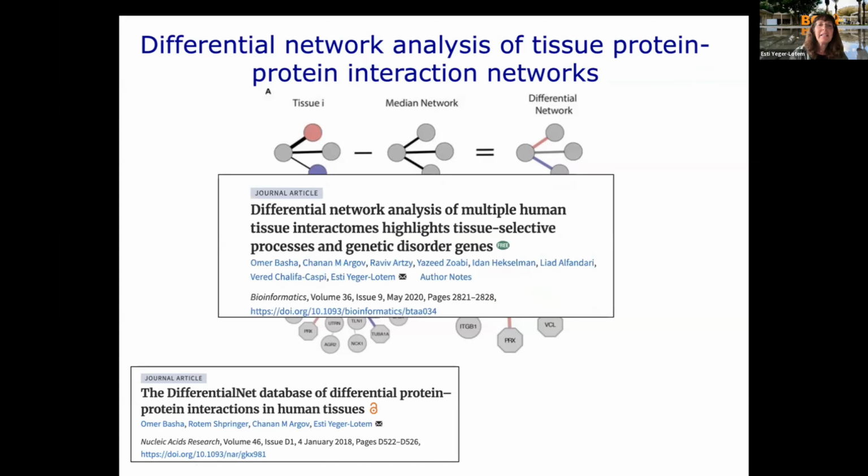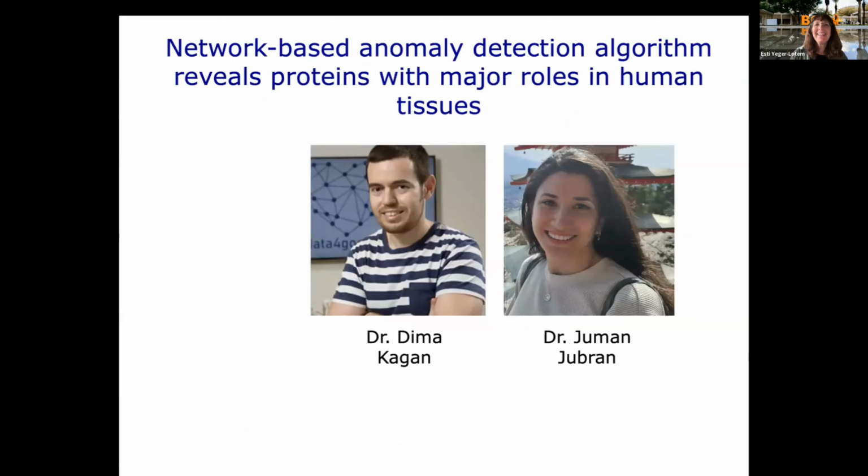More recently, we also applied this view of differential network analysis to better highlight tissue-selective processes and genes related to human diseases. So this was a short introduction to what our current paper is about.